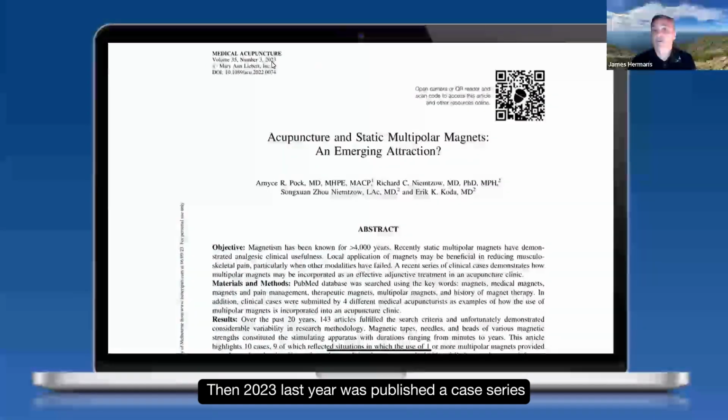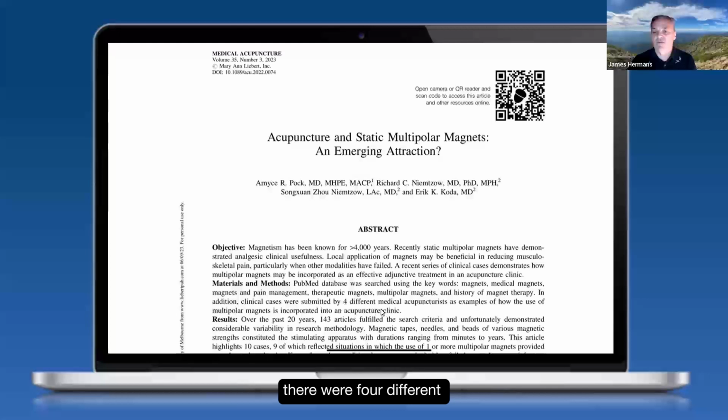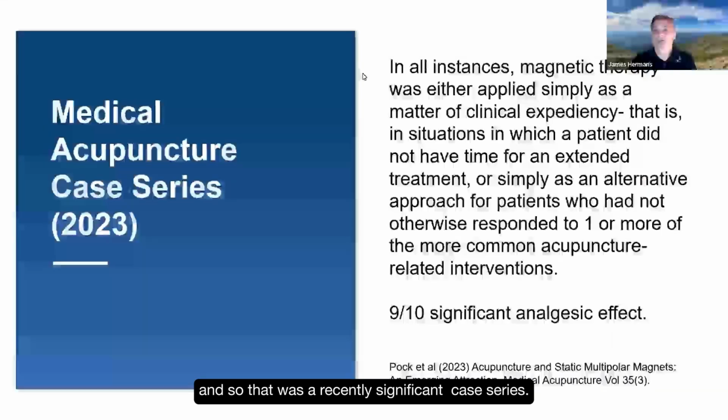Then in 2023, last year, a case series was published. And there were 9 out of 10 cases here which had significant analgesic effects. There were 4 different medical acupuncturists in there to avoid bias. And so that was a reasonably significant case series.